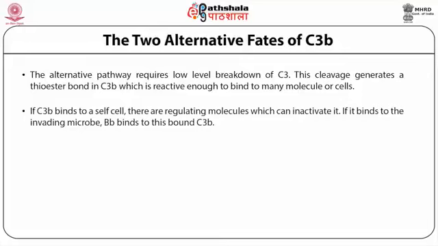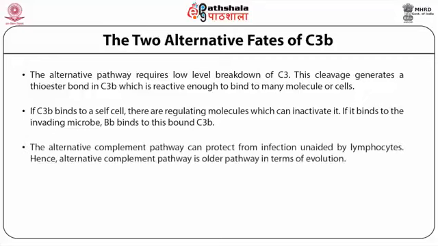If C3b binds to a cell, there are regulating molecules which can inactivate it. If it binds to the invading microbe instead, Bb binds to this bound C3b. The alternative complement pathway can protect from infection unaided by lymphocytes.